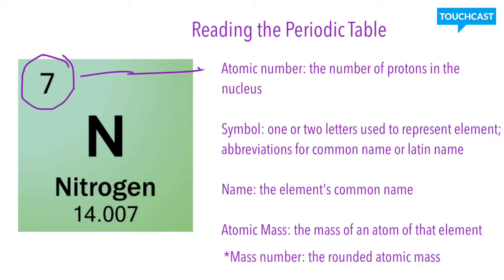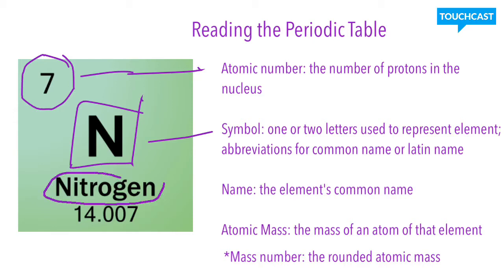You'll also notice a symbol, which can be 1 or 2 letters used to represent the element. It's an abbreviation for the common or Latin name. For nitrogen, that is a capital N. Then you have the name, which is the element's common name, or nitrogen. And you have the atomic mass, which is the mass of one atom of that element.